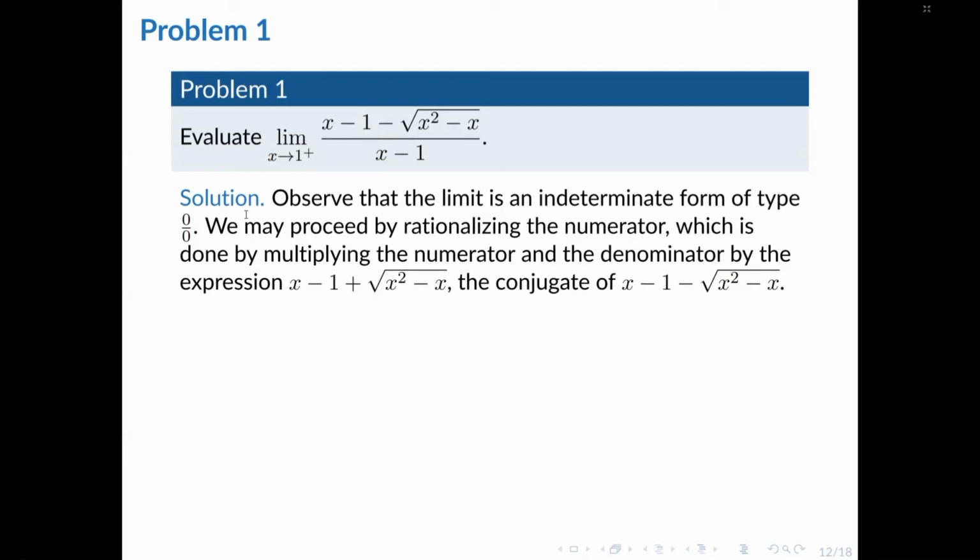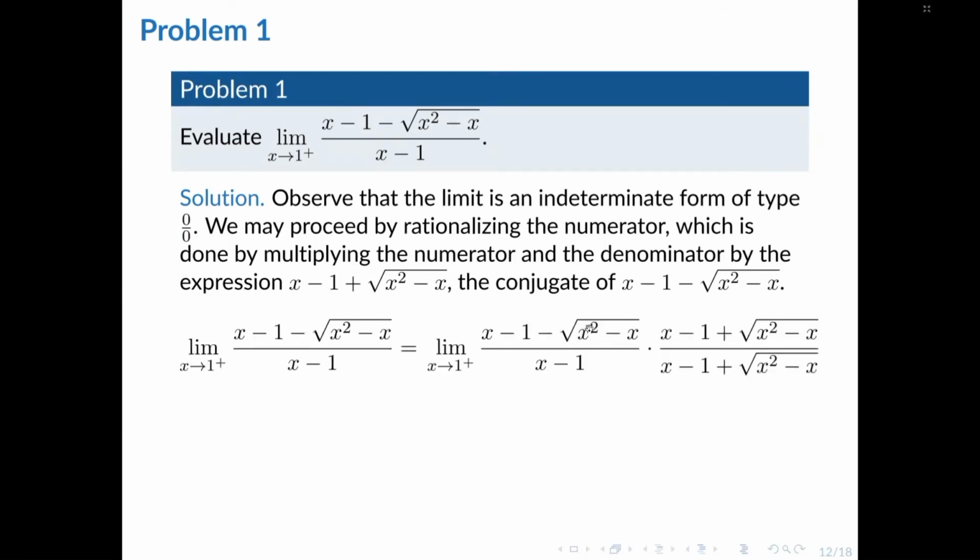We can proceed by rationalizing the numerator, which is done by multiplying the numerator and denominator by the conjugate of x minus 1 minus the square root of x squared minus x.